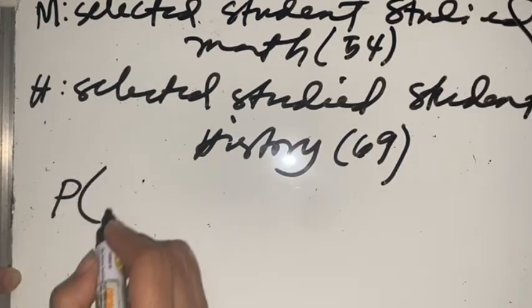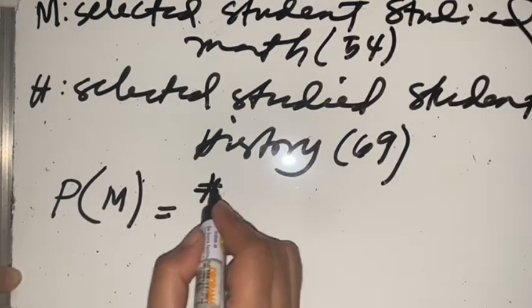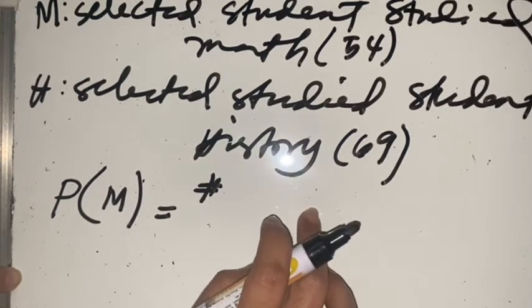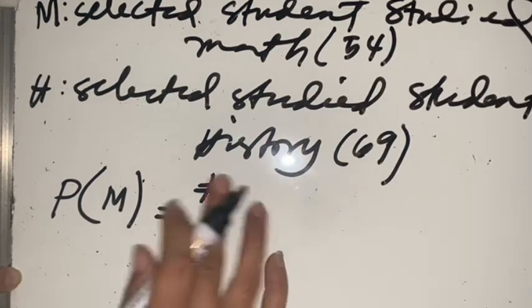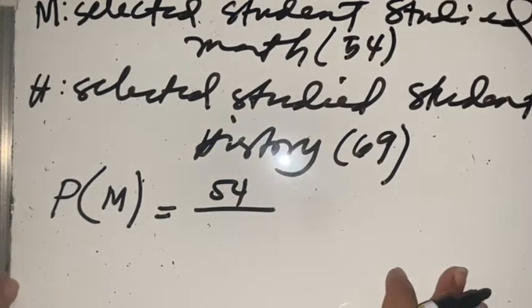The probability of M is equal to the number of students who studied math, that would be 54, over the sample size, or the total number of students in the class.